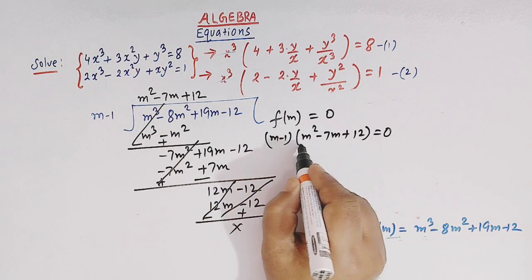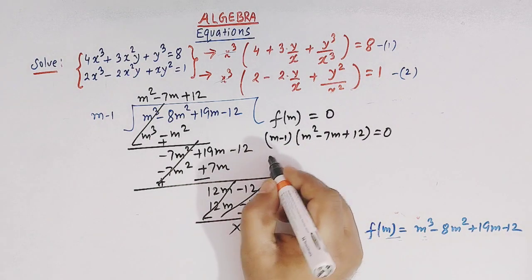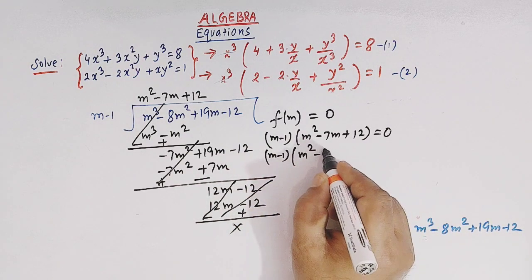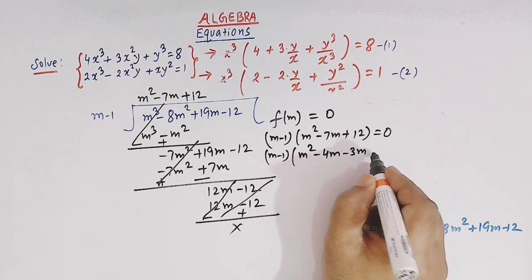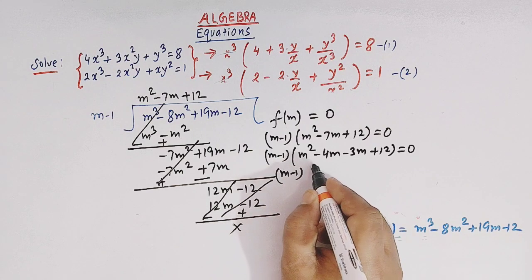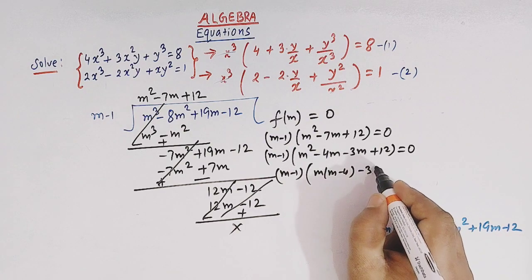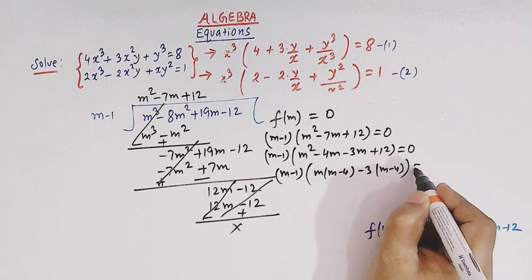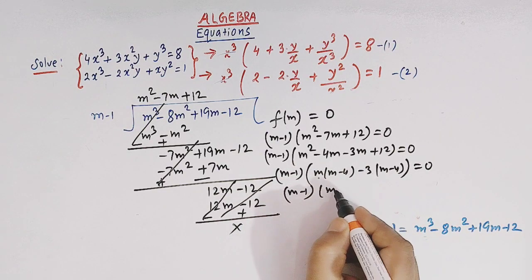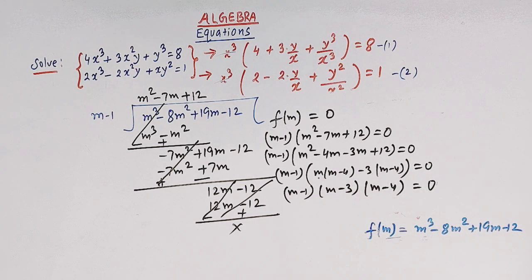So now we can factorize this quadratic term by splitting the middle term. So we have m minus 1, here we have m square minus 4m minus 3m plus 12 is equal to 0. So this is m minus 1, and here we have m into m minus 4, and this is minus 3 into m minus 4, and now we can write m minus 1, m minus 3, and then we have m minus 4 is equal to 0, right?